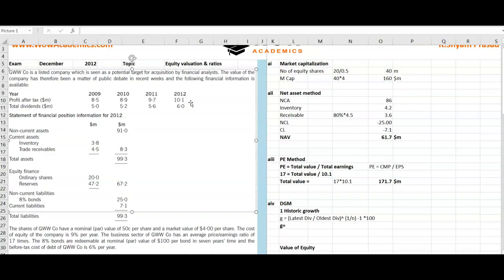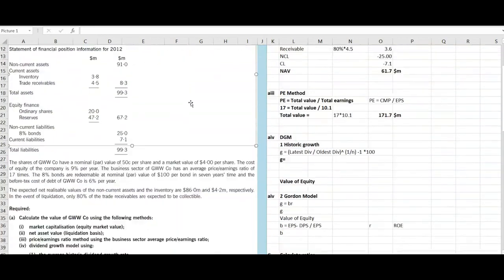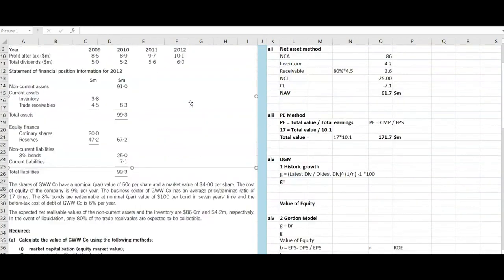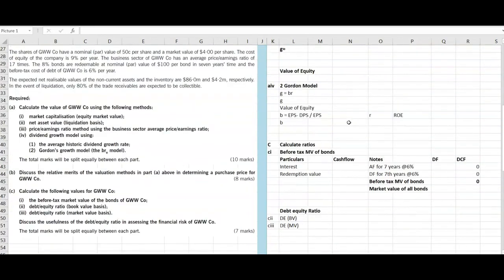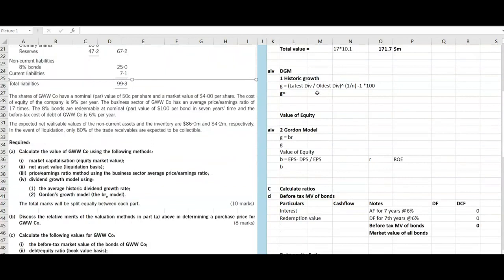So there are only 3 years in this information. So we'll enter 6 divided by 5, close the bracket, to the power of 1 divided by n. N is 3.